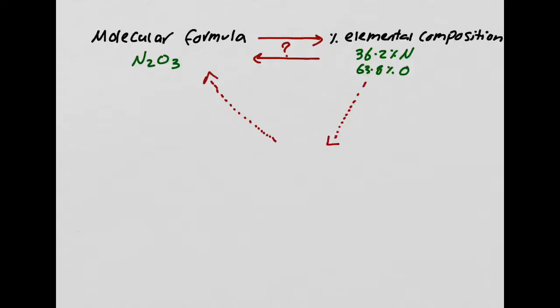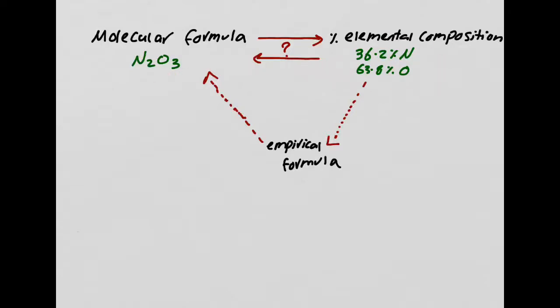What you have to do is figure out the empirical formula, and from the empirical formula, then you can figure out the molecular formula. I'll tell you what empirical formula is. So, it's easy to go from formula to percentage. Now the question is, can we go back?